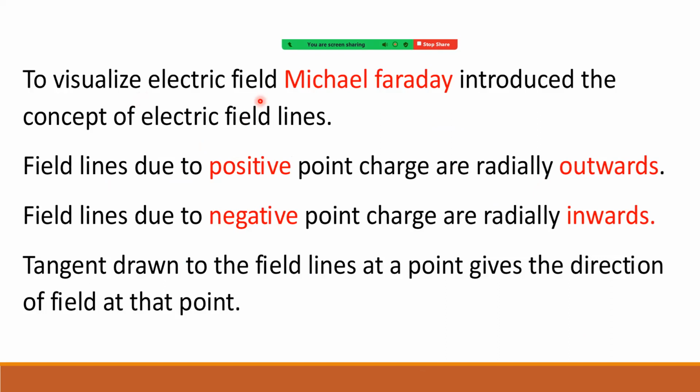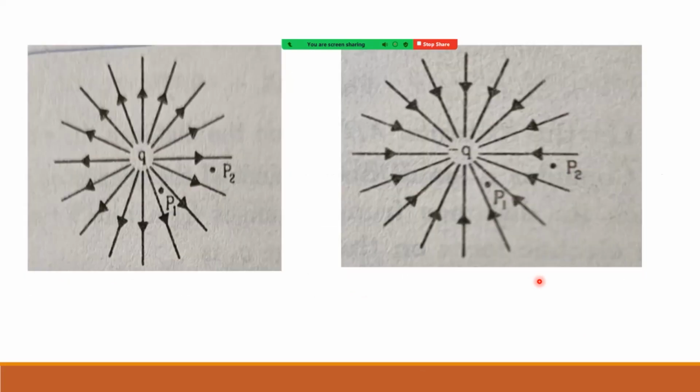So to visualize electric field, this concept was given by Michael Faraday. Field lines due to positive charge are radially outwards, due to negative charge radially inwards. Tangent drawn to the field lines at a point gives the direction of field at that point.